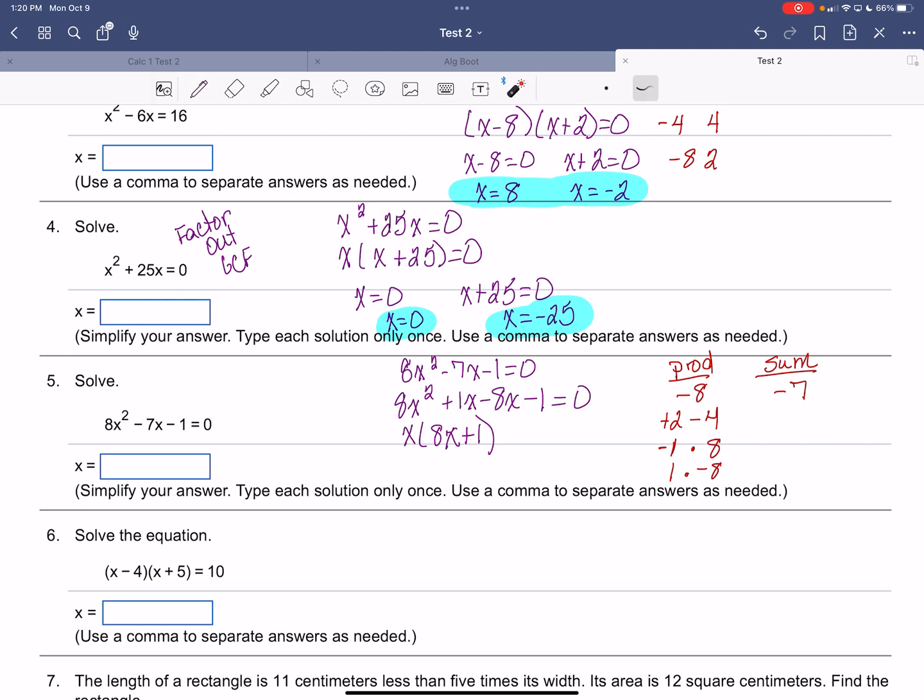What am I going to pull out here? A negative. Okay, I'm going to pull a negative out here. So anytime your third term is negative, you have to pull out a negative. Okay, but I'm only pulling out a negative 1 because I don't have anything else to pull out. And then I'm left with 8x plus 1. Okay, so I have x minus 1 and 8x plus 1.